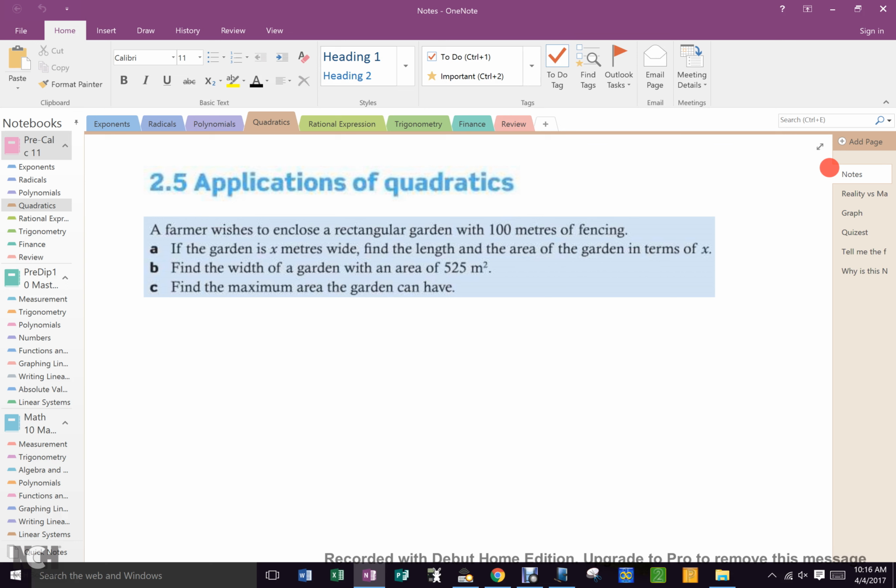Now, of course, this is a math question, so it's mathy looking. But it does have real life. John has 12 apples. Then how do you know how many apples to give Mary? Right? Okay, so my man, the farmer, has 100 meters of fencing. That's all he's got. It's sitting in the back of his barn.